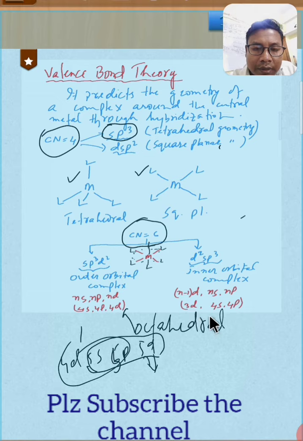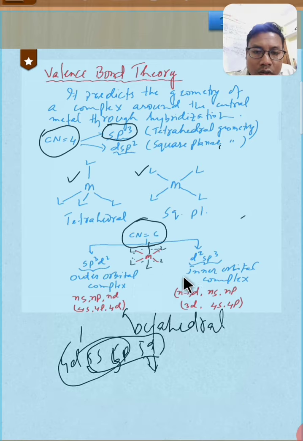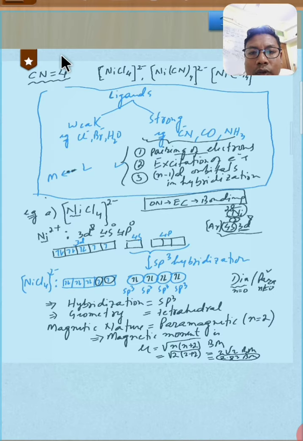So this hybridization will produce d2sp3, with d written first. Such complexes will be called inner orbital complexes. I'm going to give examples of each of these two hybridizations, but first of all, let me go for coordination number 4.